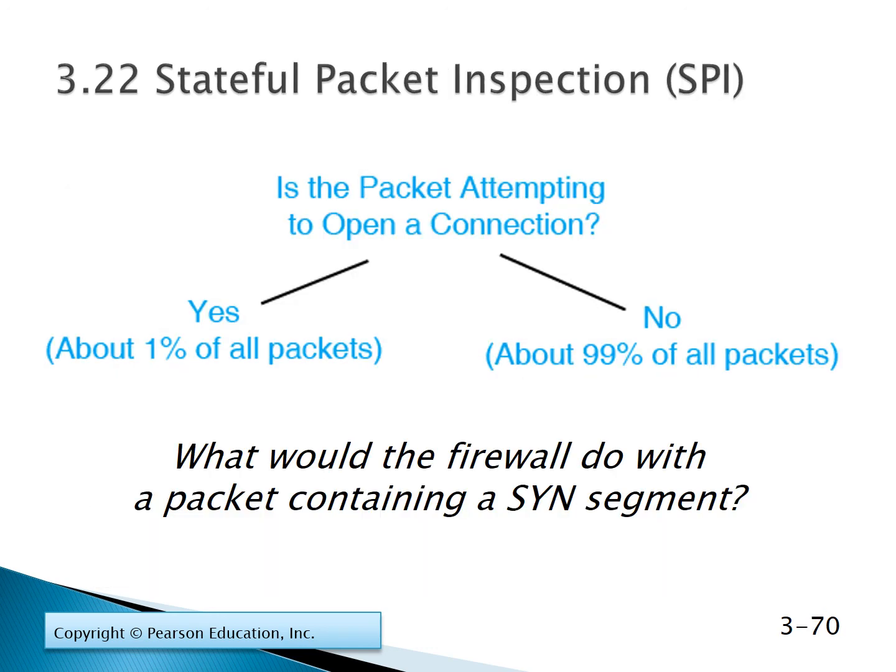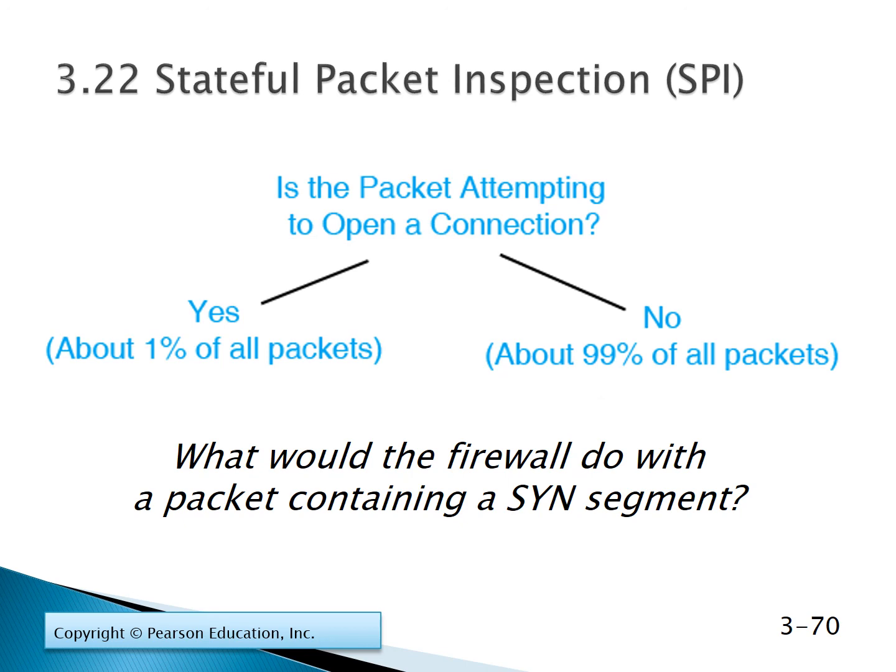So with stateful packet inspection, or SPI, we are basically trying to look at whether the packet is attempting to open a connection. If yes, then we will do more authentication. Usually this is about 1% of all your packets. And if it's not trying to open a connection, as we said, we will not care too much. So it's around 99% of all packets.